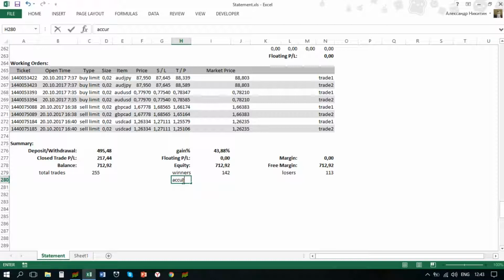The accuracy of my strategy equals winners divided by total. So it is 55%, not that much. 55%. You see that?